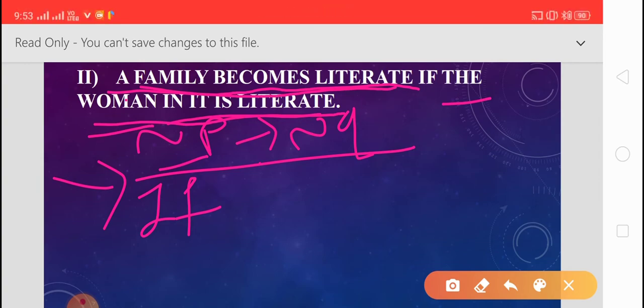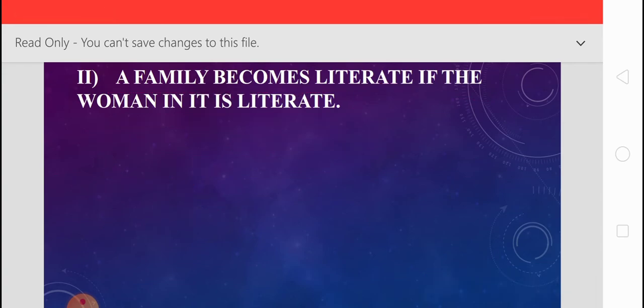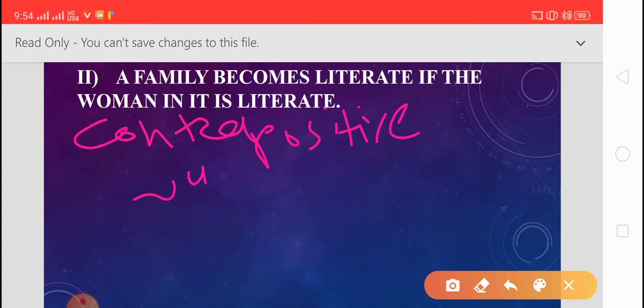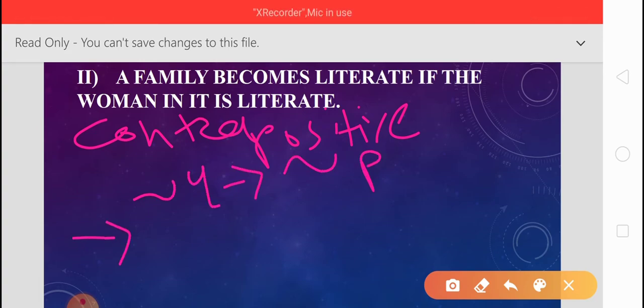Now the last concept, the contrapositive. We know the symbolic form of the contrapositive: negation of Q implies negation of P. So write firstly the Q statement and then put not in the Q statement.